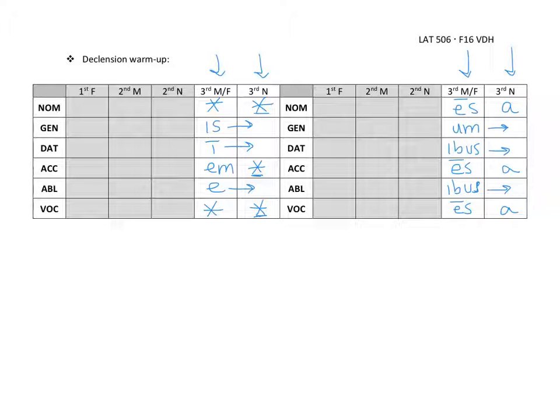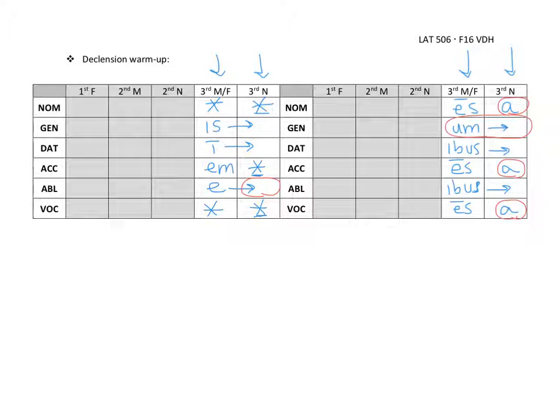If this is not ringing a bell, please make sure you do some review before you continue in this lecture, because it's vital that you remember how third declension works before you learn what the I-stem nouns of the third declension are. Especially important for this chapter is remembering the E right here, the neuter E right here, and then also your A that you see in the nominative, accusative, and vocative in the neuter.